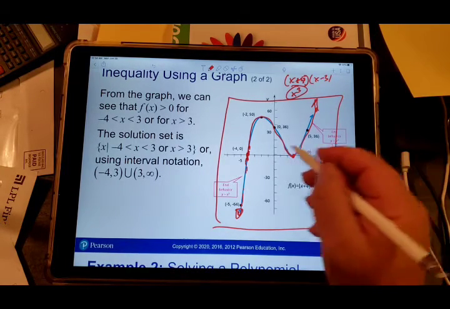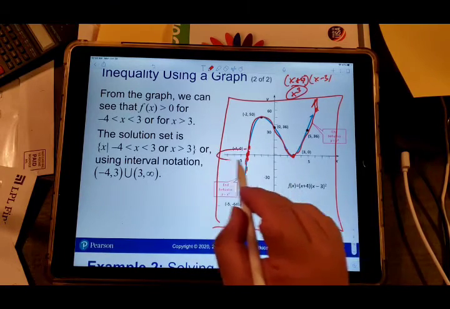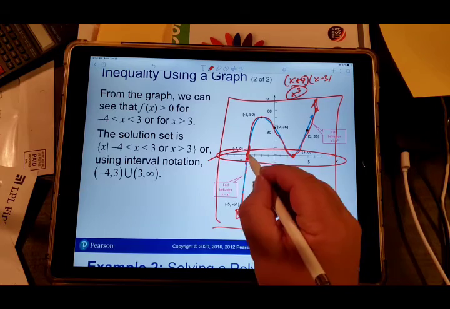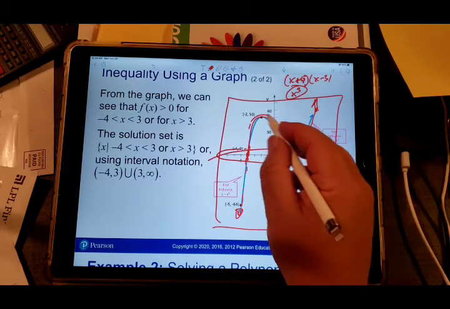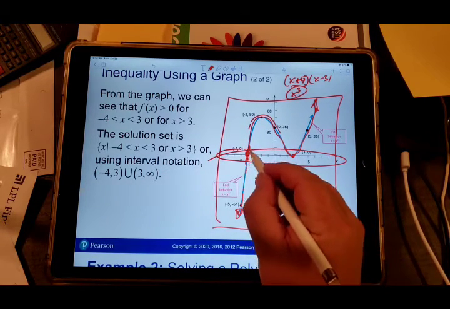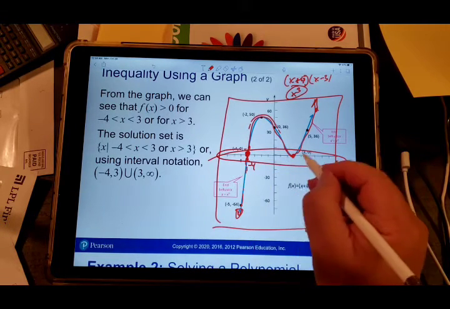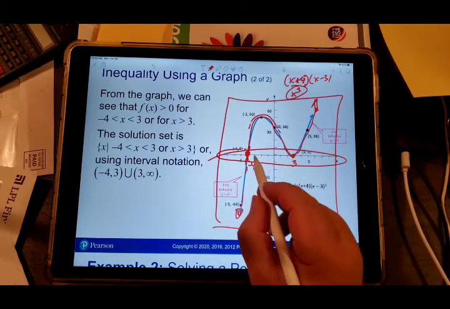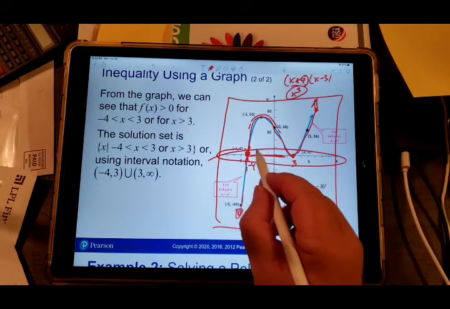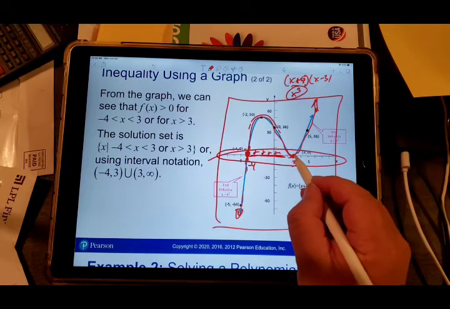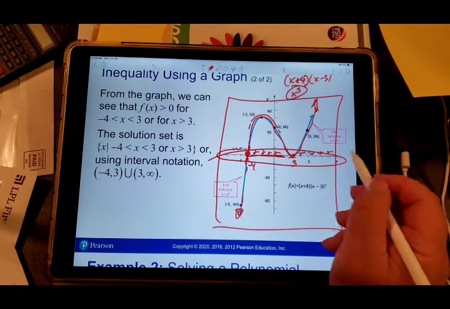And why was that important? Well, I want to look here as though this is a number line. And I want to ask myself, when is it above the x-axis? When is it in quadrant 1 or 2? All right, so between this point, where we had -4, and this point, where you have 3, it is positive. And it briefly is 0, and then it's positive again.